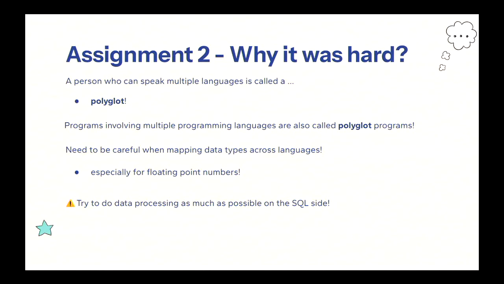It's similar for Postgres. Postgres helps you index all the data stored in the tables, so it's very, very efficient for data processing. That's why you should try to do data processing as much as possible on the SQL side, and Python is just auxiliary code here. So that's just a reminder.